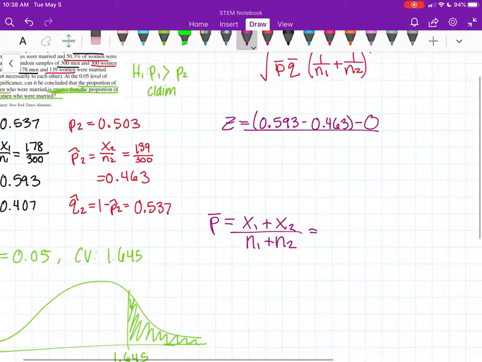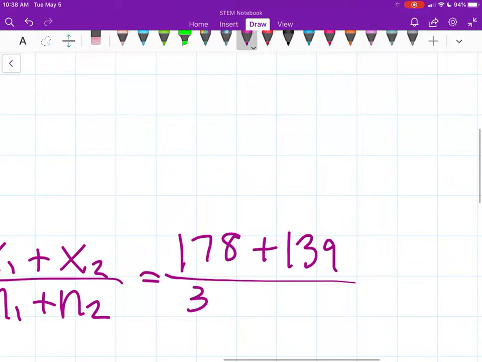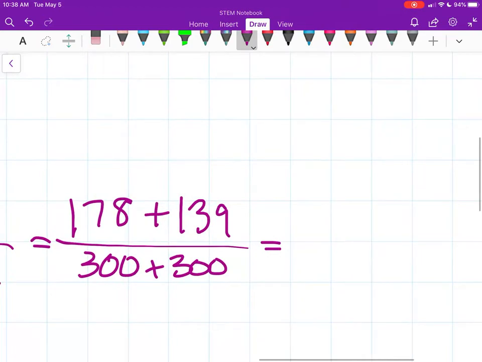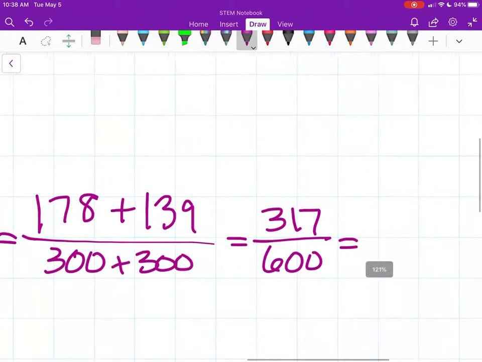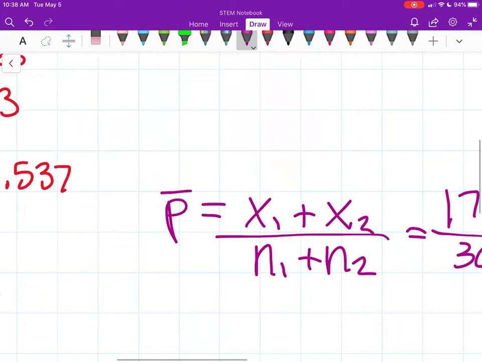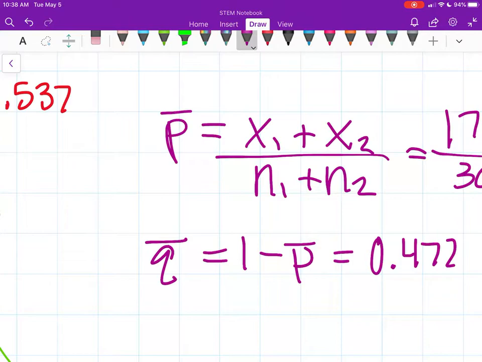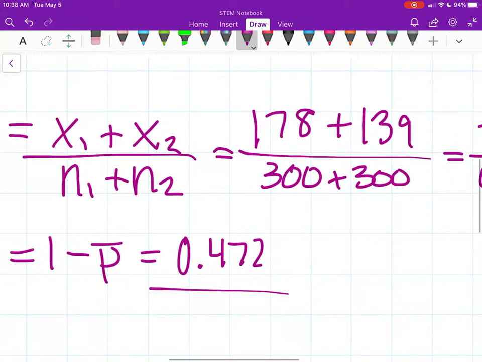And we have 178 plus 139 over 300 plus 300, which equals 317 over 600. When you plug that in your calculator, you get 0.528. And just like p hat and q hat, q bar is equal to 1 minus p bar, which gives us 0.472.